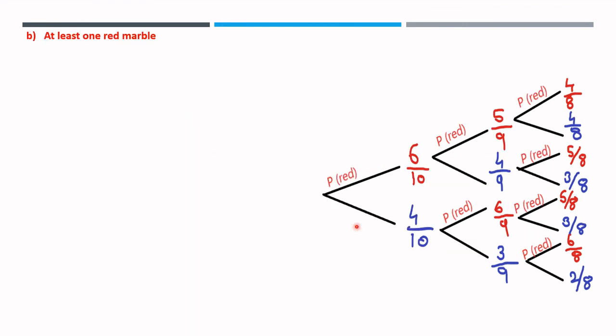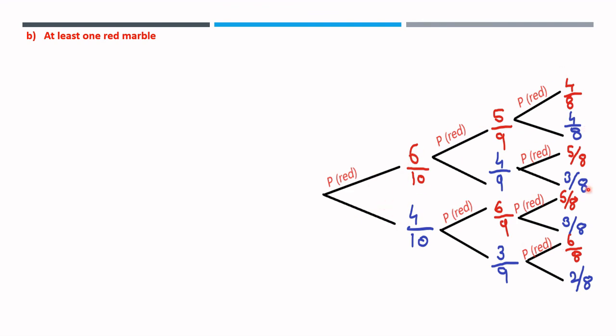Now the next question is at least one red marble. So at least one red marble means there can be 3, there can be 2, or there can be 1 red marble also. But there should be minimum 1 red marble, right? So here the possibilities increase. And now you should not calculate this and this and this.